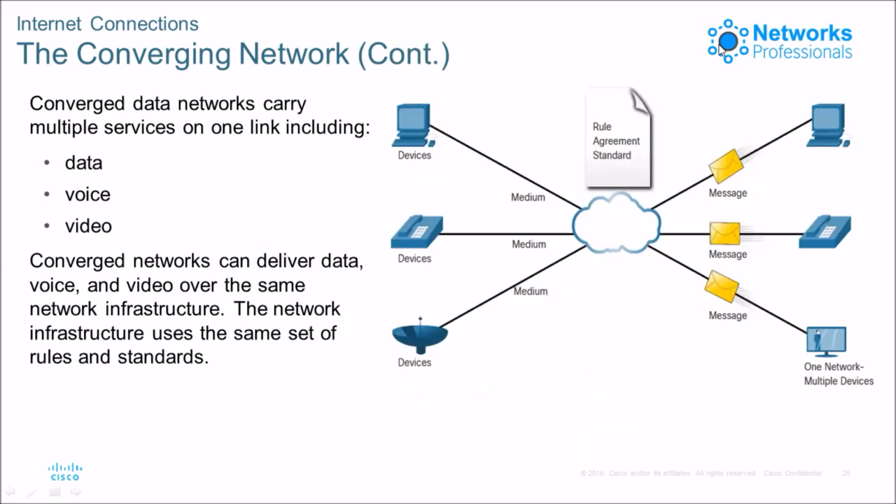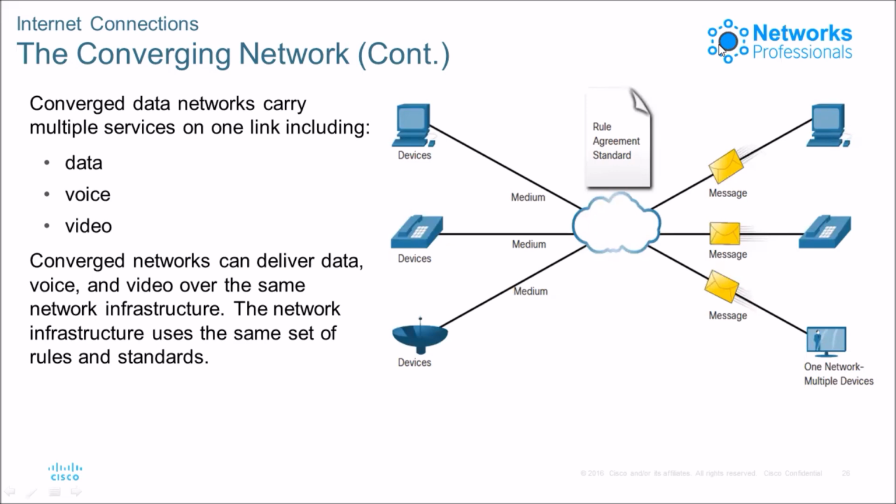Converged data networks carry multiple services on one link, including data, voice, and video traffic. Converged networks can deliver data, voice, and video over the same network infrastructure. The network infrastructure uses the same set of rules and standards. Today, the separate data, telephone, and video networks converge.